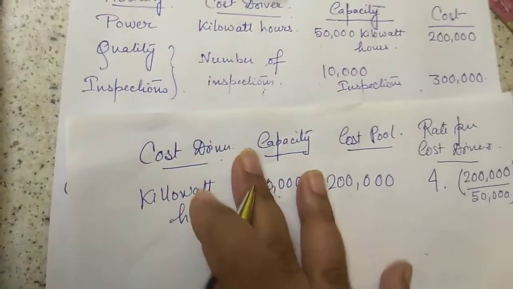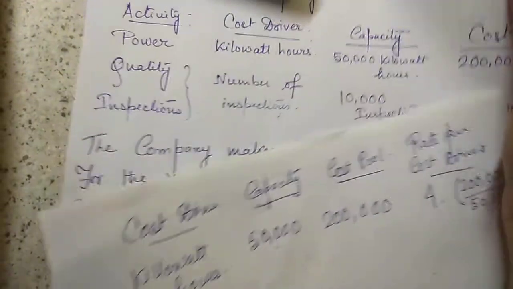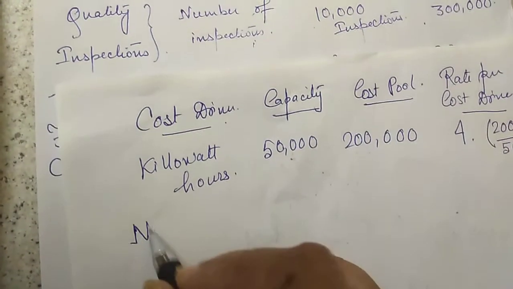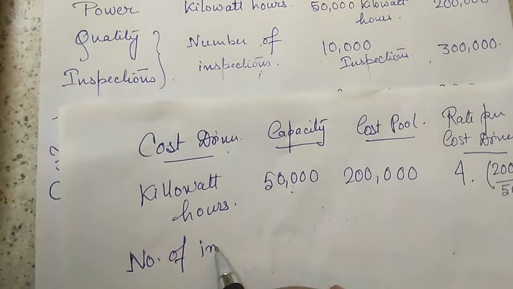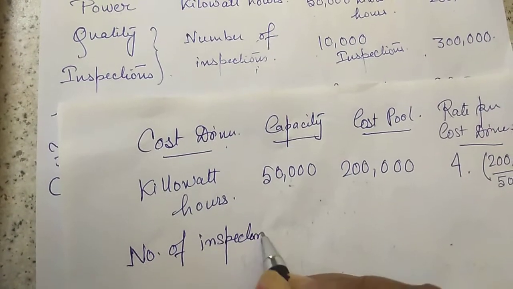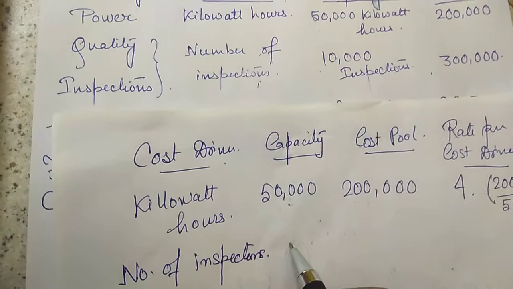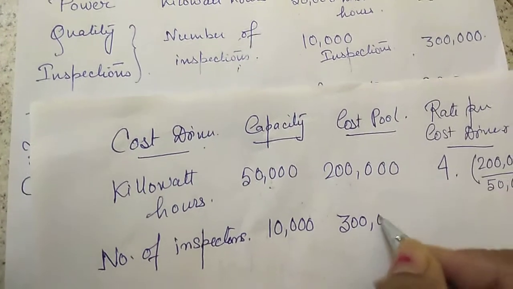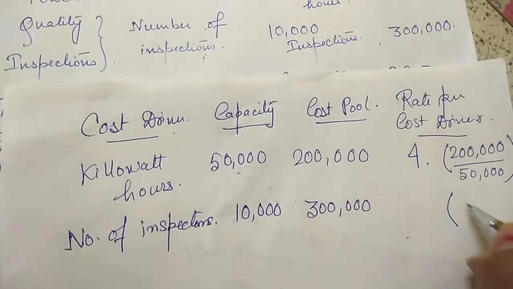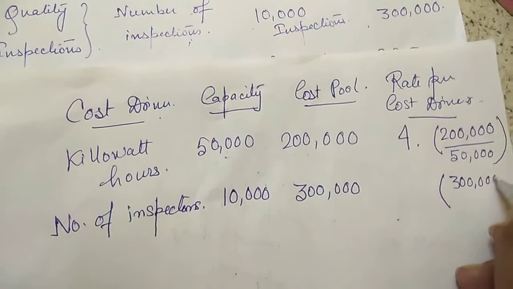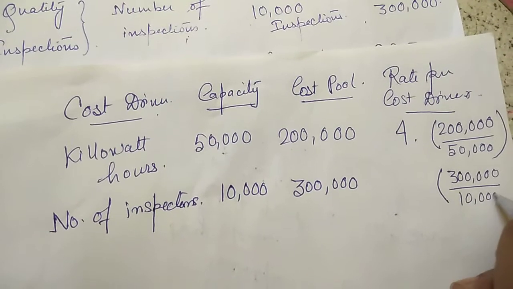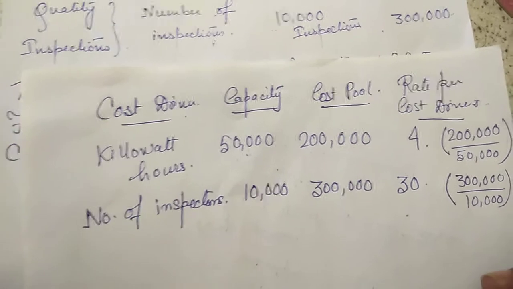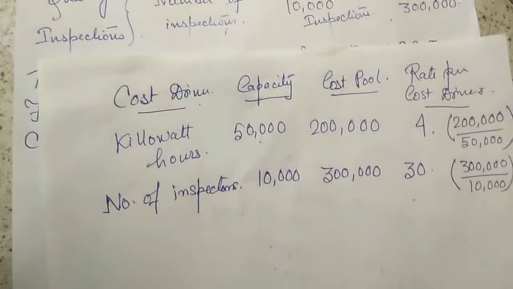Next cost driver is number of inspections. How many inspections? 10,000. How much is my cost pool? 3 lakh. So what is the rate per cost driver? 3 lakh divided by 10,000, so it's coming to 30. Clear till here?